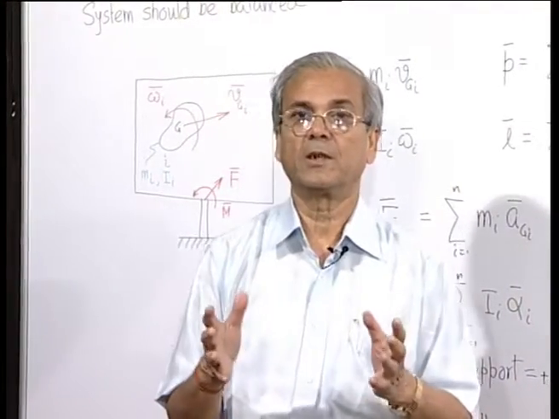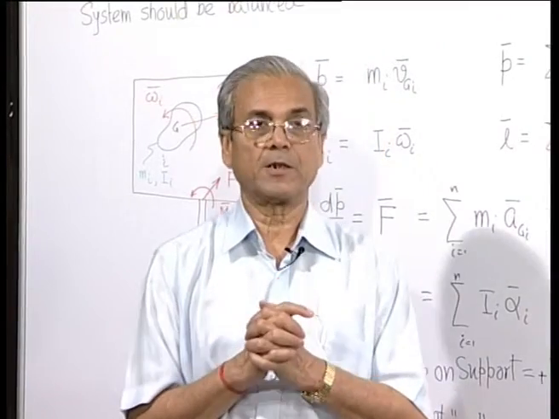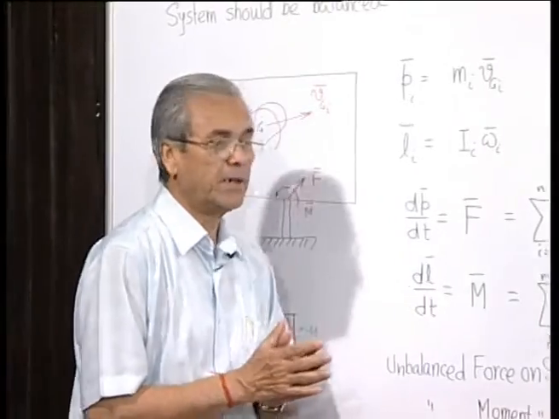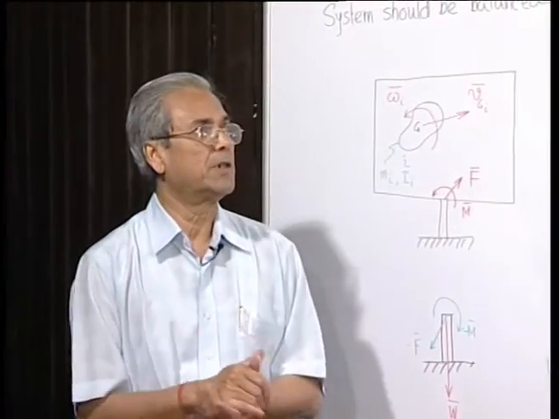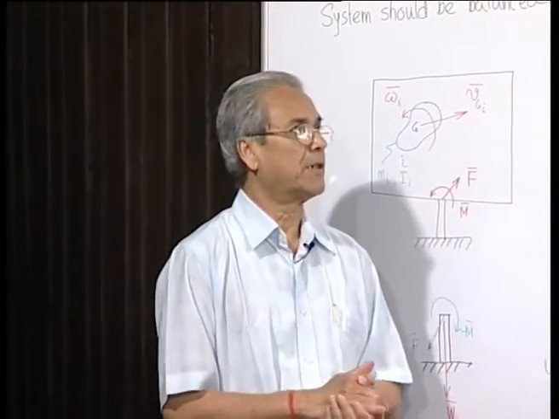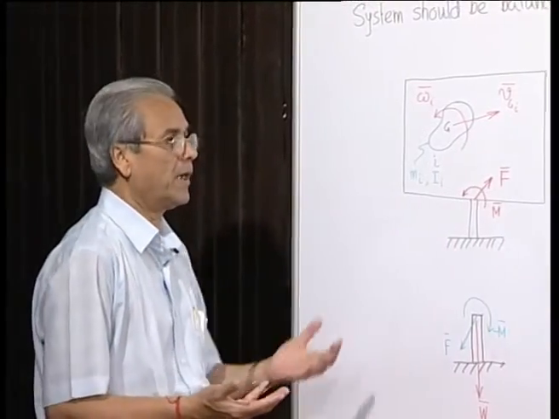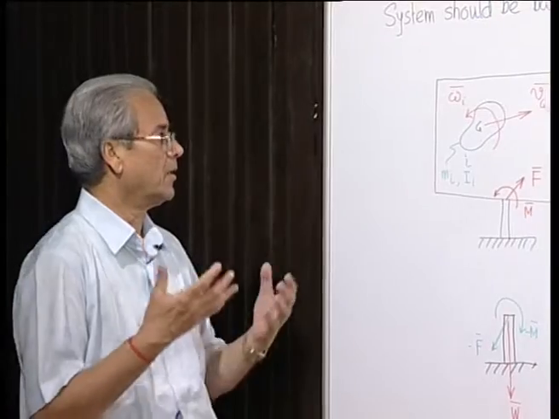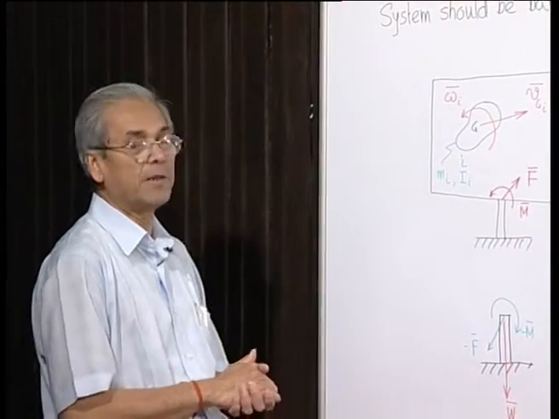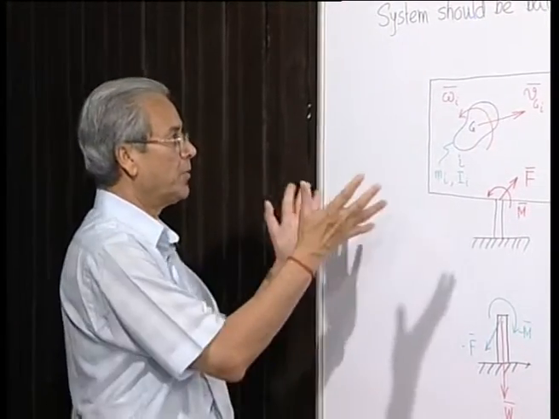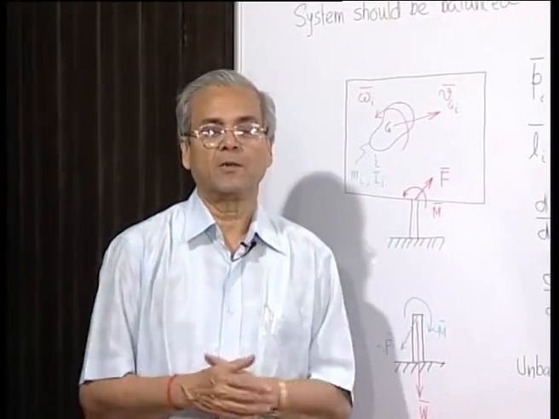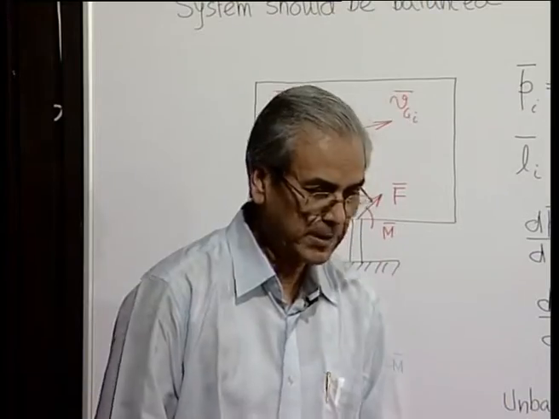For proper functioning, a machine must run smoothly, and what is meant by running smoothly is that the support on which the machine is placed is not subjected to any force or moment that fluctuates with time. That means it should not be subjected to any dynamic force or moment, there will be no vibration and it will run smoothly. Now, what are these forces experienced by the support?